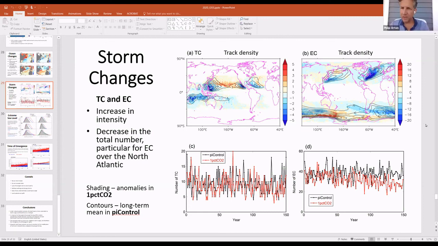The anomaly of what? Sorry, I'm still confused by the shading. The anomaly of the track density. Okay, so in percent? No, the total number, the number anomaly. And again, the contours are what? The contour is the total number of extratropical cyclones per decade. Okay.